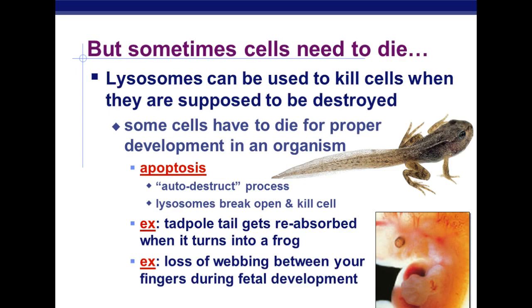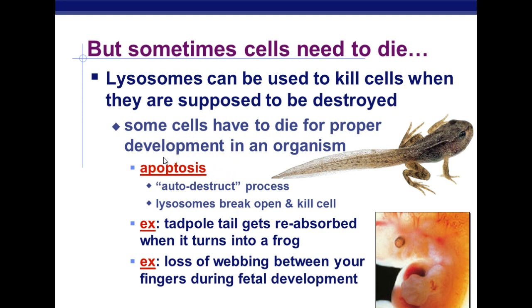Now, what's interesting is that sometimes cells do need to die. So write in your notes that lysosomes can be used to kill cells when they're actually supposed to be destroyed, and that this process is referred to as apoptosis. You see the word right here, apoptosis.